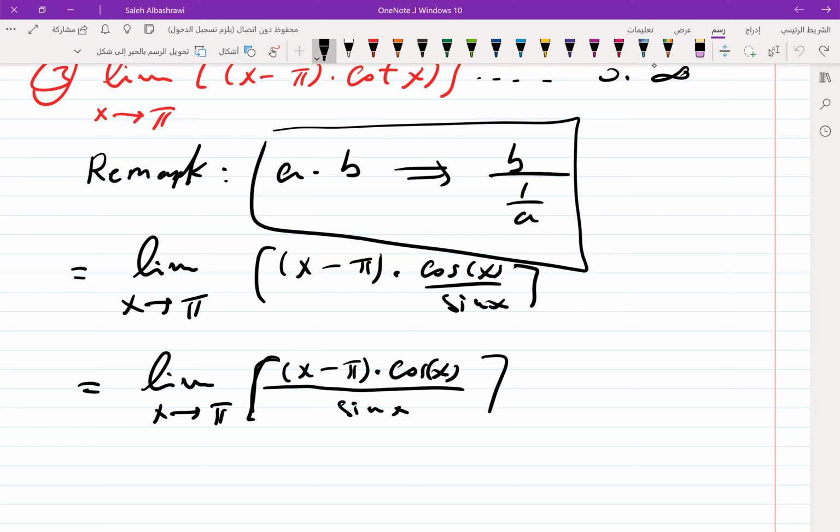Either I will write it in this way, or I will apply this rule. I will keep that rule for a different example. So cotangent is equal to cosine over sine.